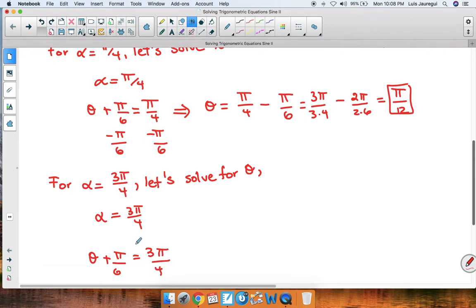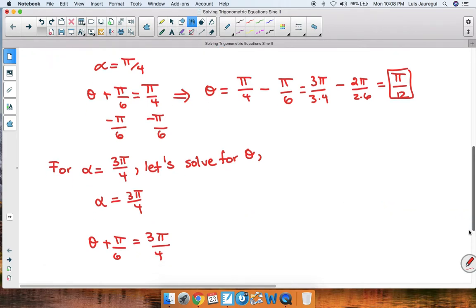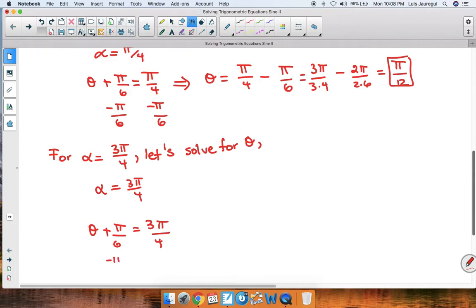Our goal is to get theta by itself, so we subtract pi over 6 from both sides of the equation. This gives you that theta is equal to 3 pi over 4 minus pi over 6.